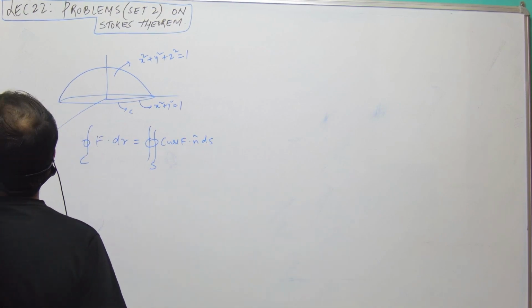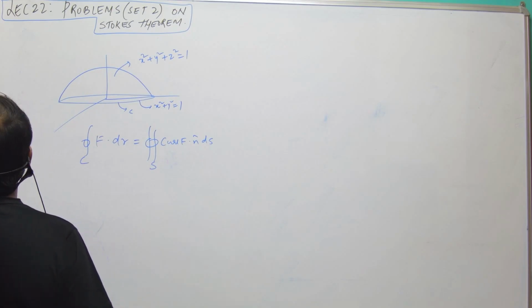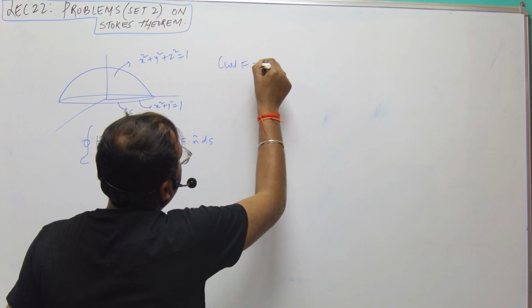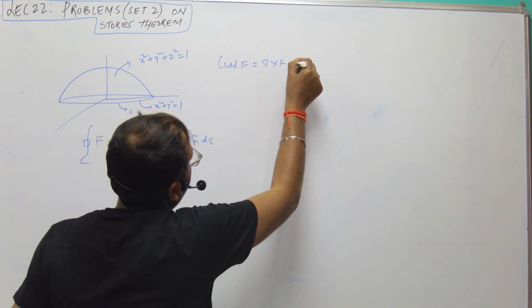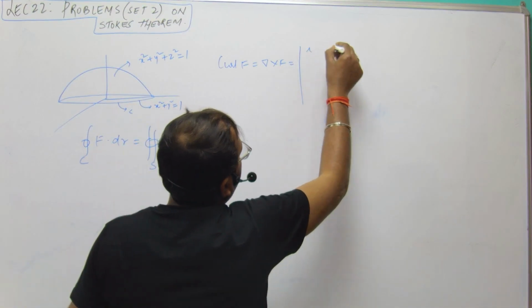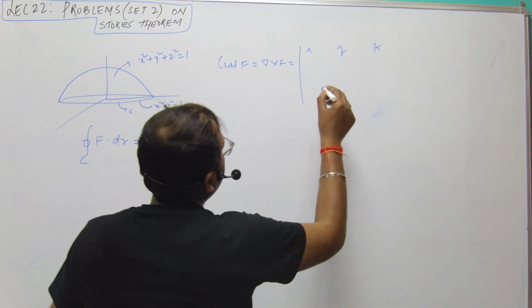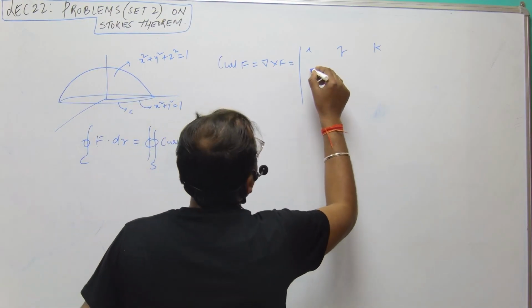Let us find the value of curl of F. Curl of F is equal to del cross F, which is the determinant of i, j, k, and the value of F is y, z, and x.